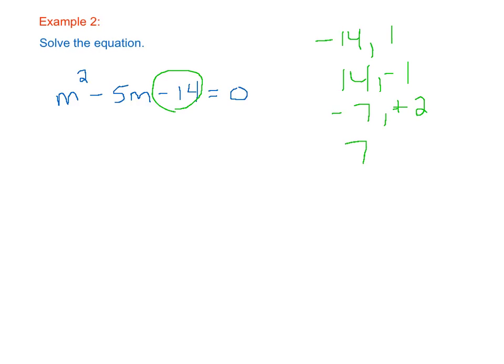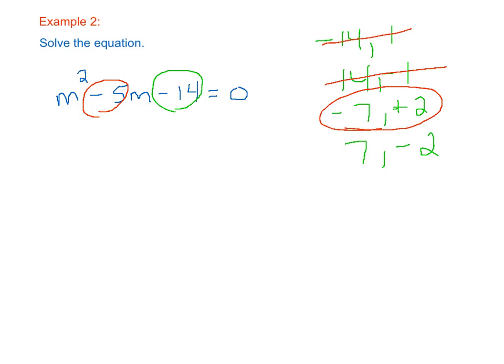And we can do positive 7 and negative 2. Now, as you look at those, which ones add together to give us negative 5? That doesn't work, that doesn't work. This one right here is going to do it. So we got minus 7 goes there, plus 2 there.